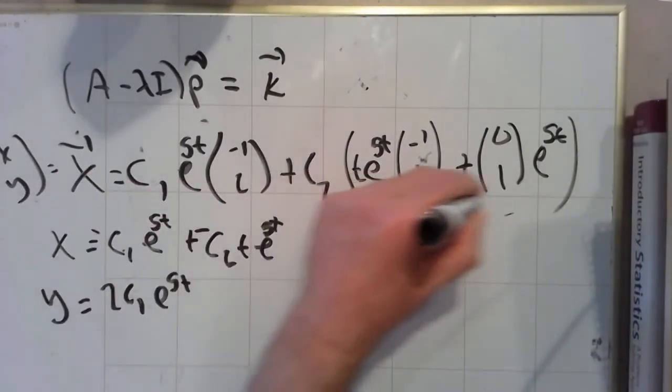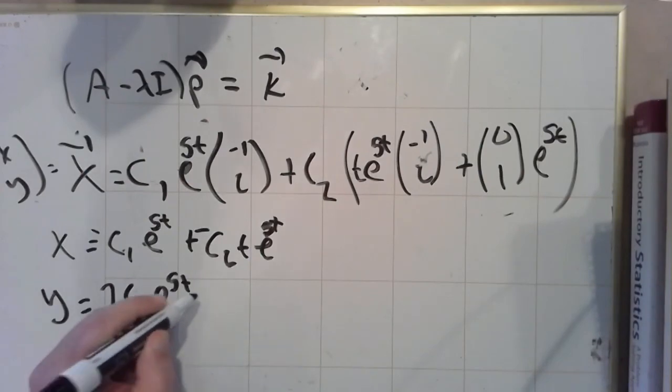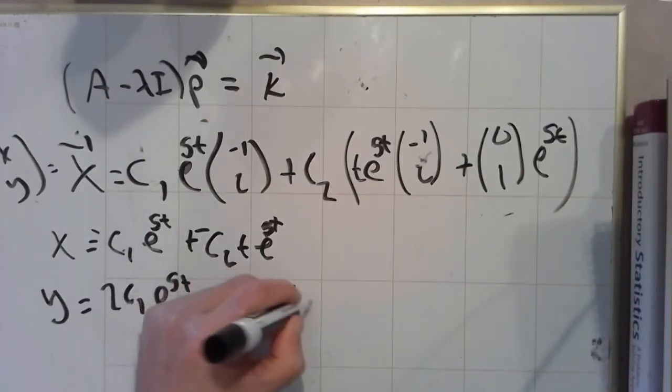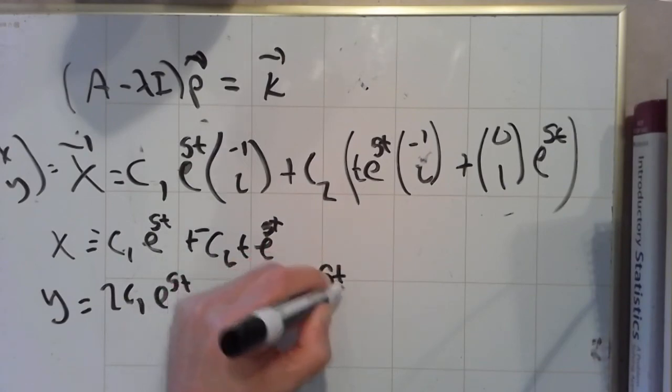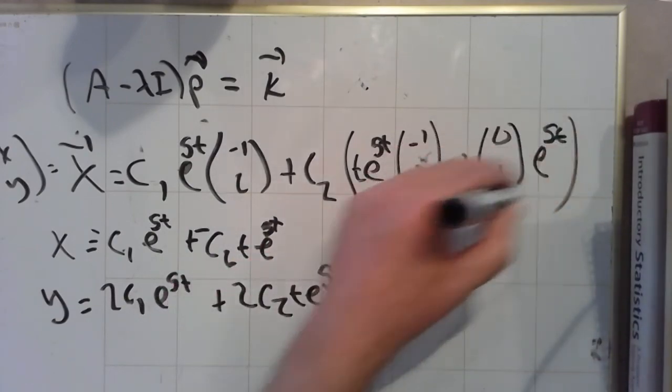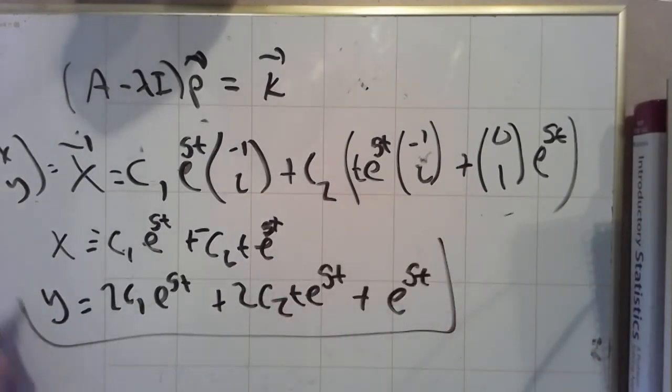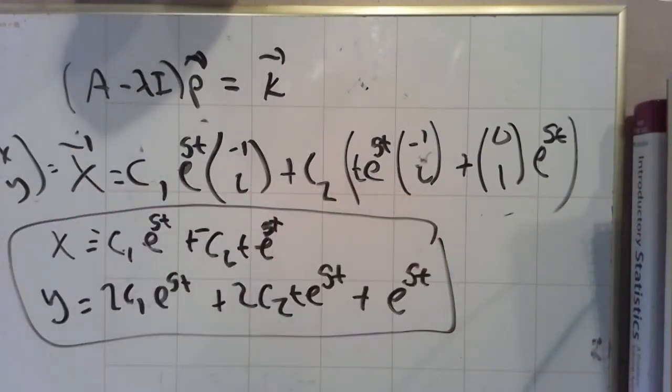I'm just going all along the bottom here, plus 2 C2 t e to the 5t, plus, and then this one here, negative e to the 5t. So there's the solution to this system of DEs.